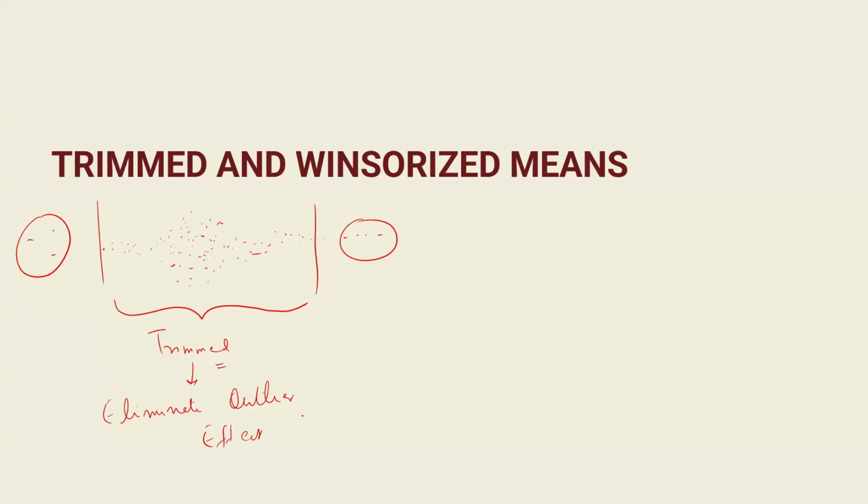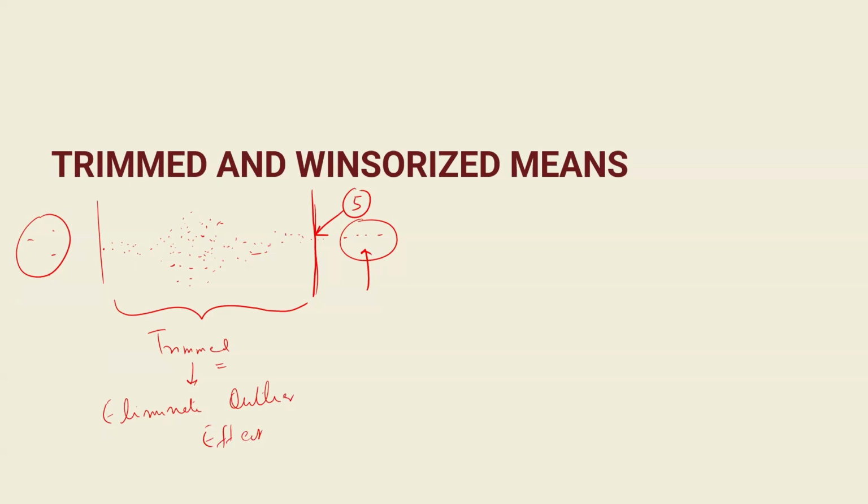But suppose you don't want to eliminate them completely, and still you don't want to distort the mean either. So what is the solution? You don't want to let go of them, you don't want to trim them completely, but you don't want them to distort your mean. So in those cases you replace these values. Let's say there are 5 values over here. These 5 values will be replaced by the boundary value which you used while selecting the outliers.